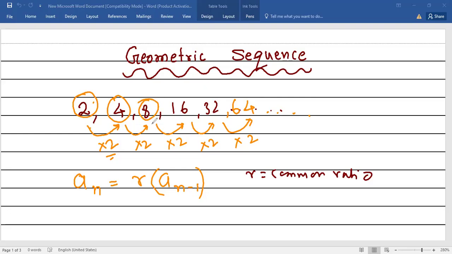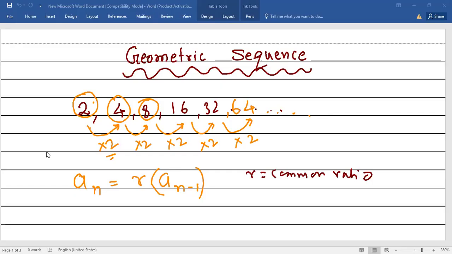And in this way, we can generate the entire sequence. So let us look into how to find the nth term in geometric sequence and how to calculate the number of terms if the number of terms and initial value are given and so on.